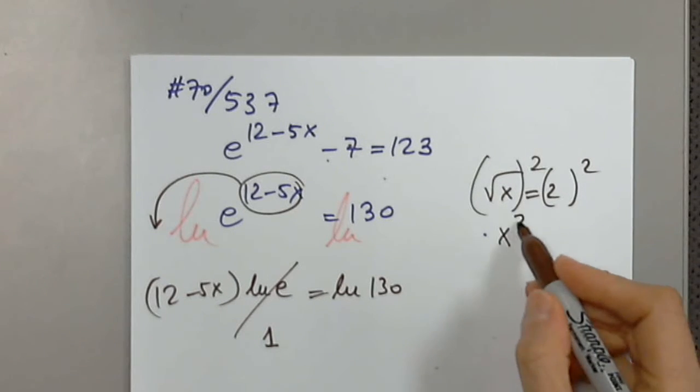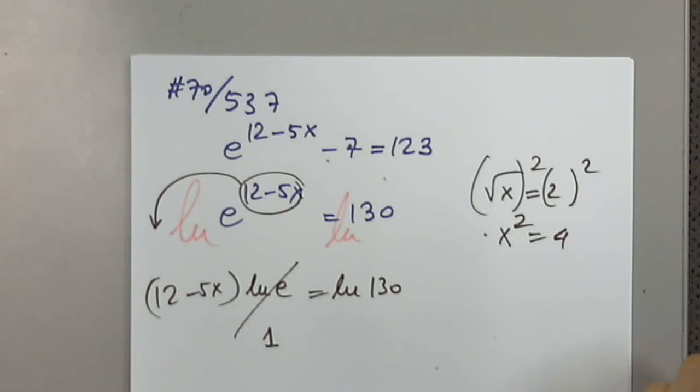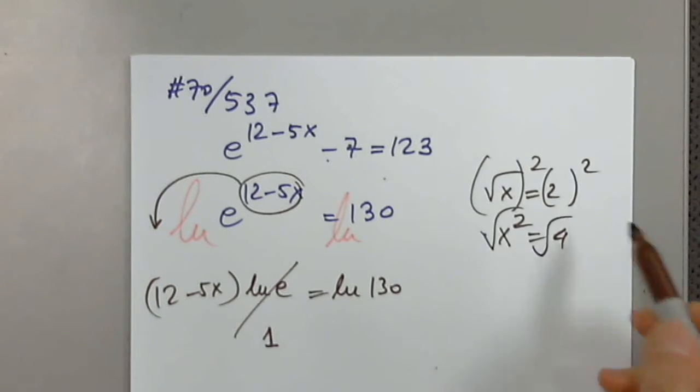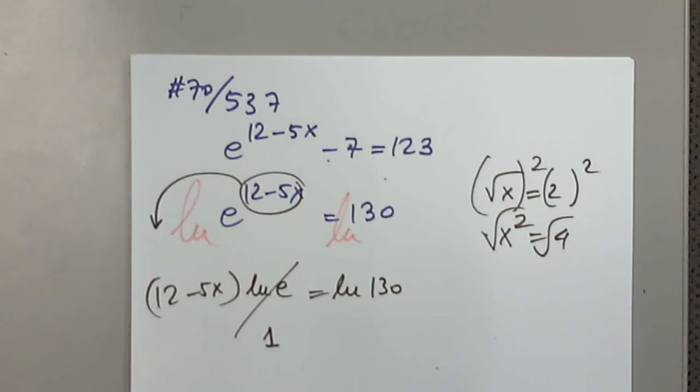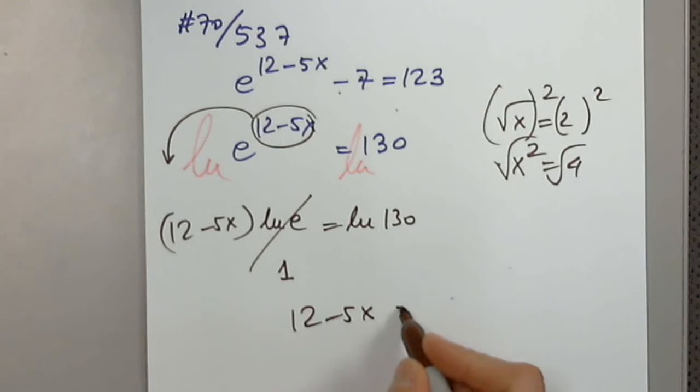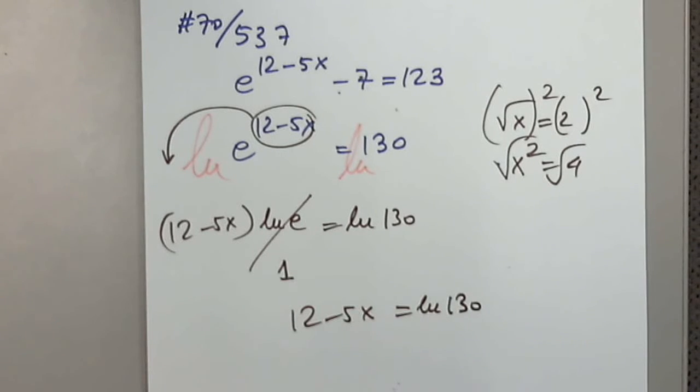If I have x squared equals 4, I apply the undo method. What is the undo? Taking square roots, because x squared and the square root of x are inverse operations. Same thing here. Exponential and log are inverse operations. Better? Okay, so then I have 12 minus 5x equals natural log of 130.